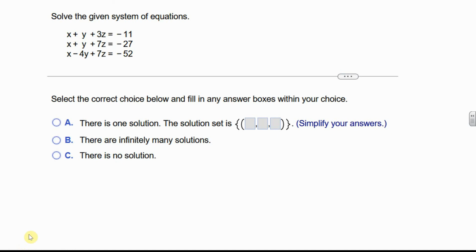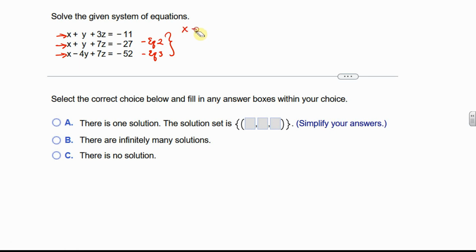So here, we want to solve the given system of equations. What I'm going to do is take this first equation to cancel that x and cancel that x. To do that, I'm going to take negative times equation 2 and negative times equation 3.